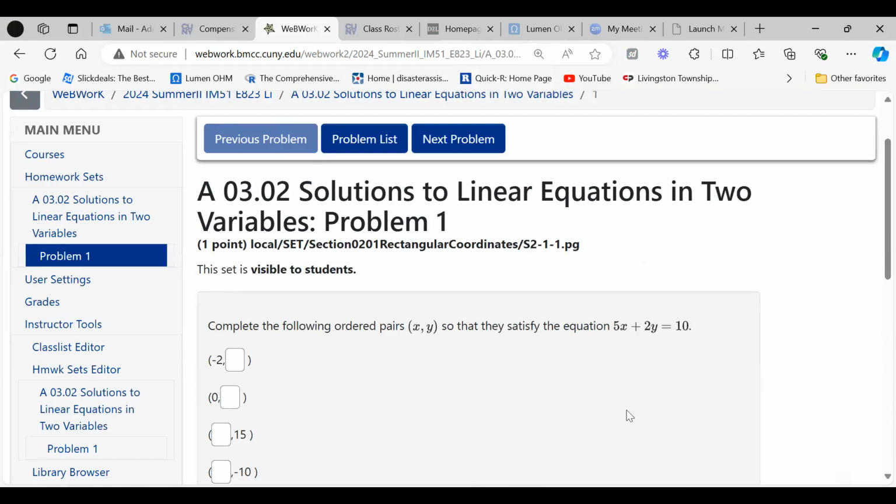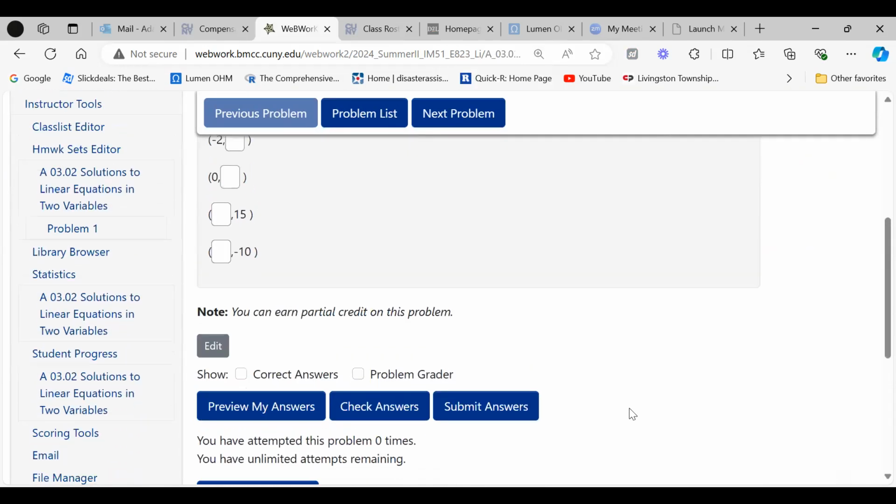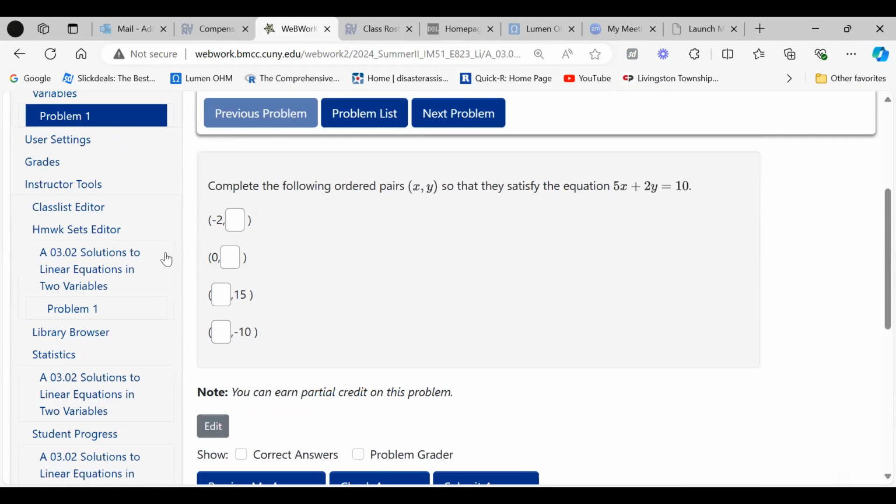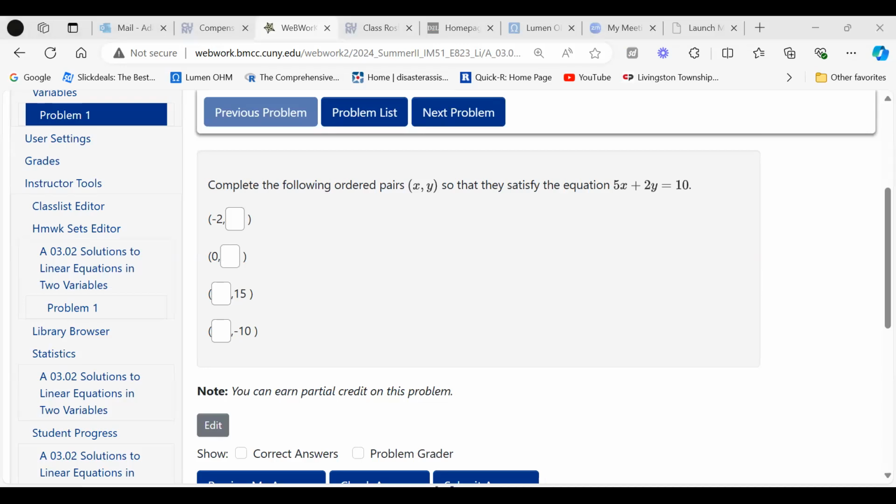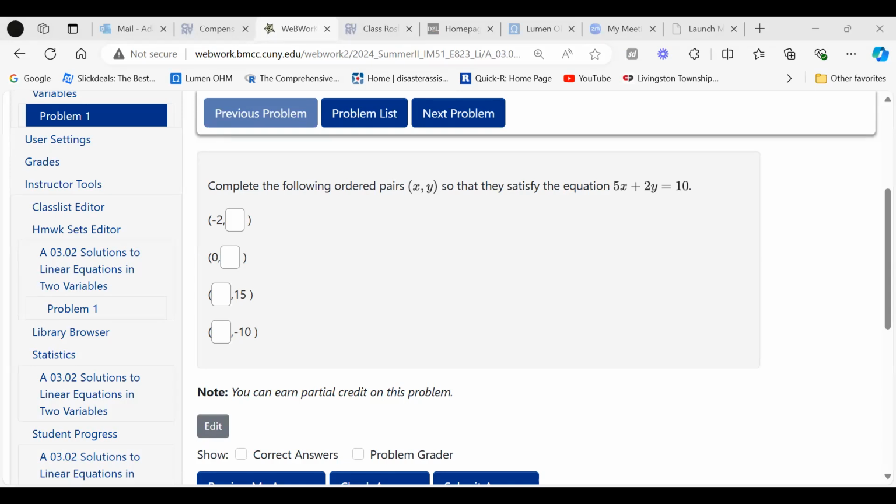We did something similar earlier. We are missing another coordinate. Given this equation here, we find the missing coordinate. Let's give it a shot. I'll give you a couple minutes to try this.